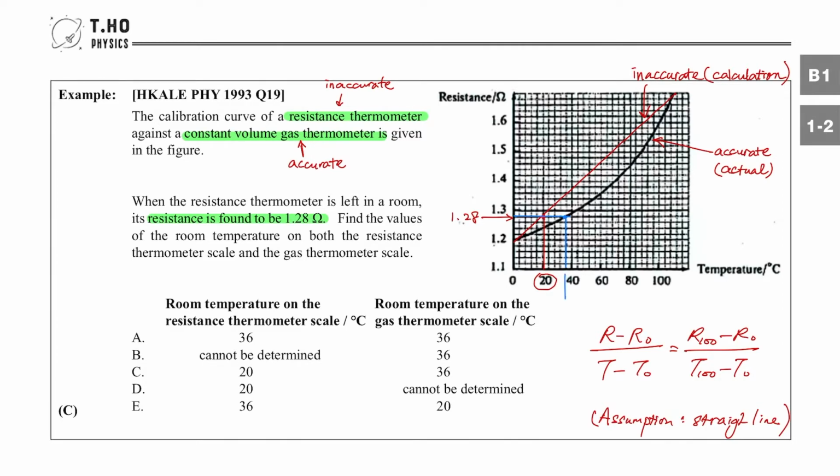And when we try to take the reading by drawing a vertical line from this point, it gives us a temperature reading of 36. So 20 degrees is what we thought it is, but 36 is the actual temperature. 20 is inaccurate, and 36 is the accurate reading.